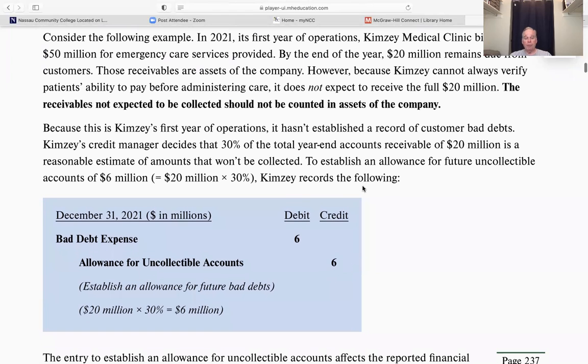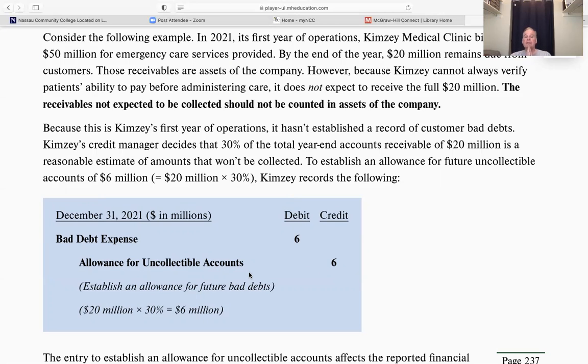What journal entry do we make? Debit, look at the date, December 31st. What entries do we make on December 31st? We make adjusting entries, don't we? This is another one of those adjusting entries that we learned in chapter 3. Debit bad debt expense, credit allowance for uncollectible accounts, 6 million.